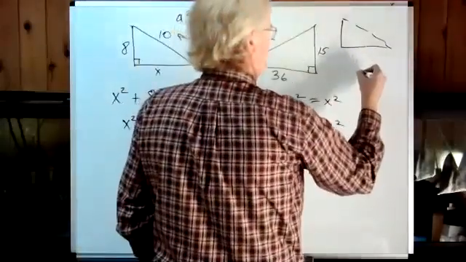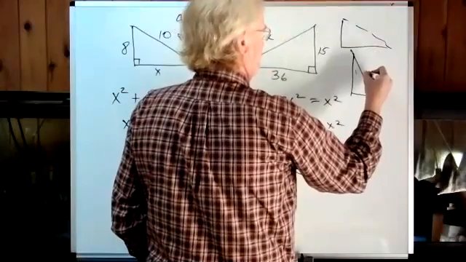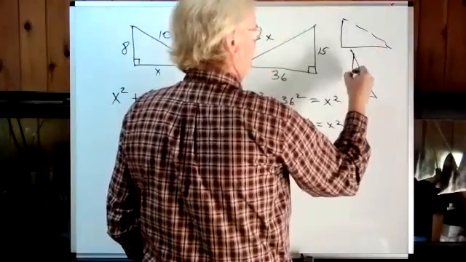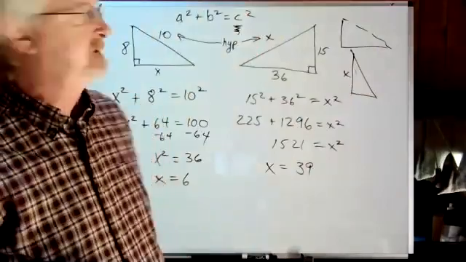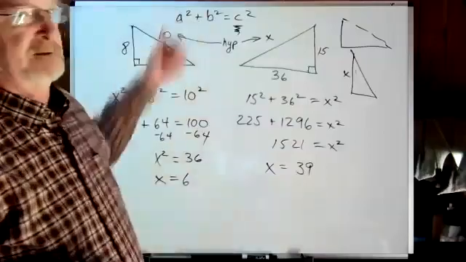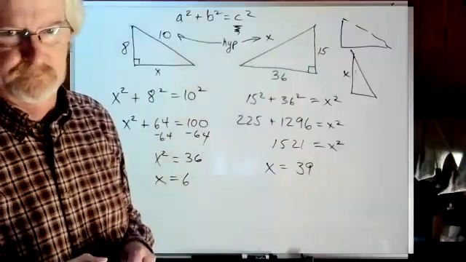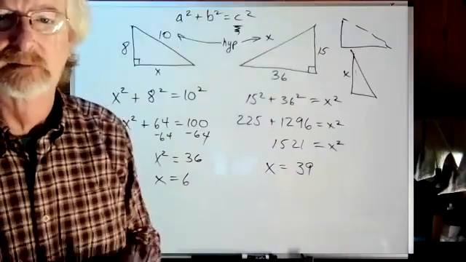Or there was the kite up in the tree, and you knew how long the string was, but how tall is the tree? Word problems that were designed to create a right triangle that you then applied the theorem to find the missing side.